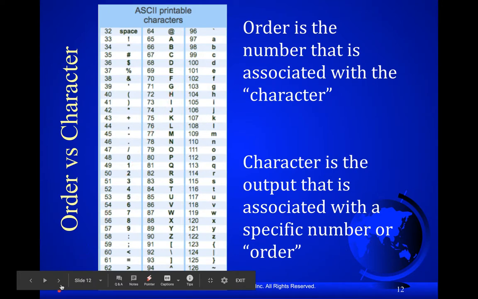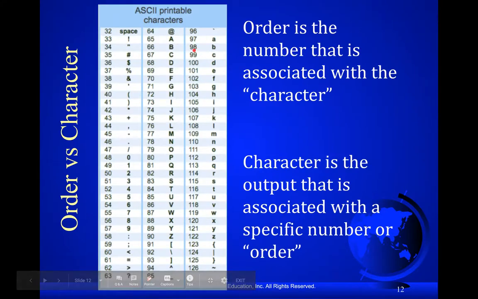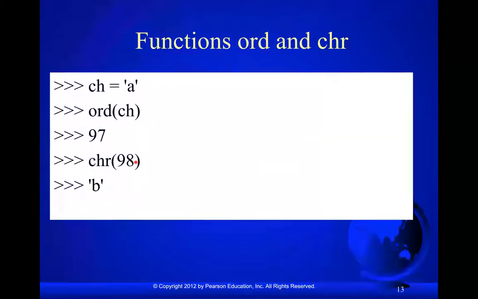Then if I ask what's the character associated with the number 98, I go, 98. Oh, that's lowercase b. That is what Python is doing. It is reading, do you want the number, the order, or do you want the character associated with that number?